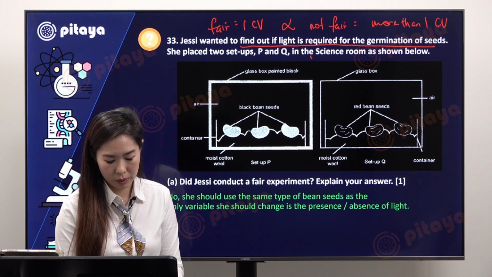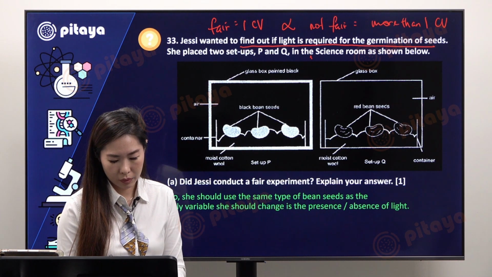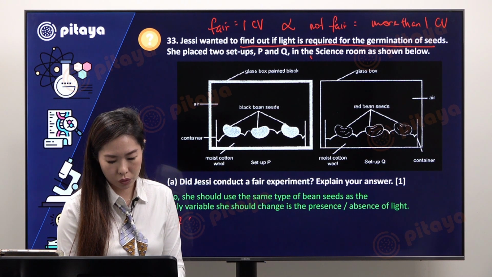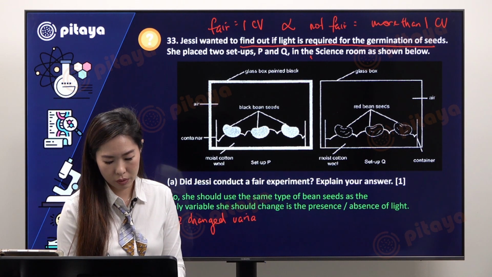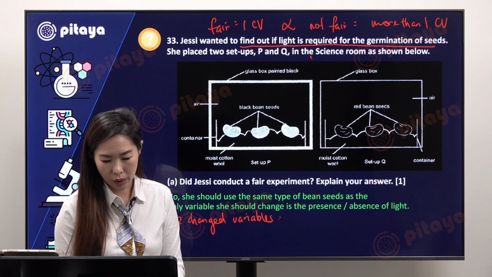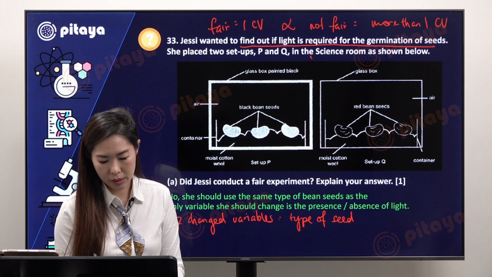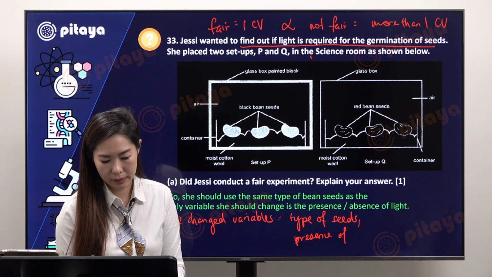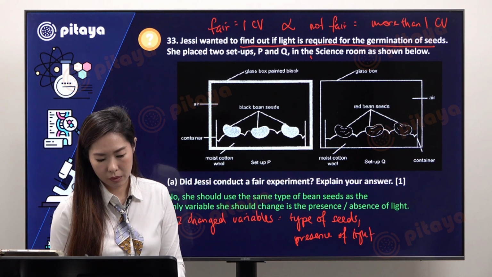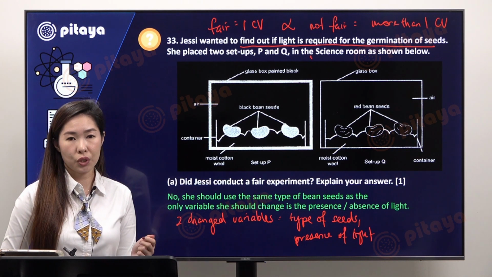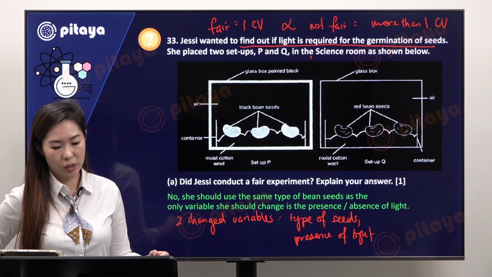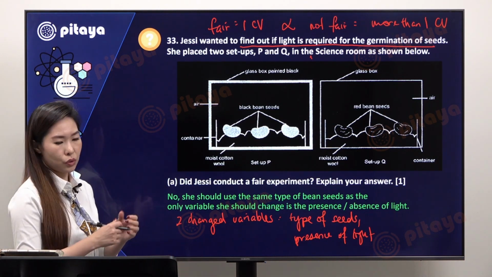The actual reason should be stating that in this experiment, there are two changed variables, which are type of seeds as well as the presence of light. So this way will just directly answer the question whether she has conducted a fair experiment or not. So they're not asking for a solution actually.